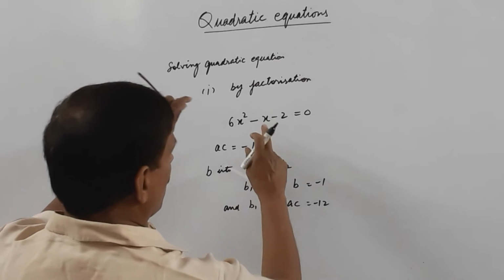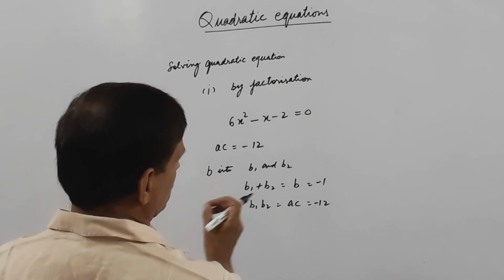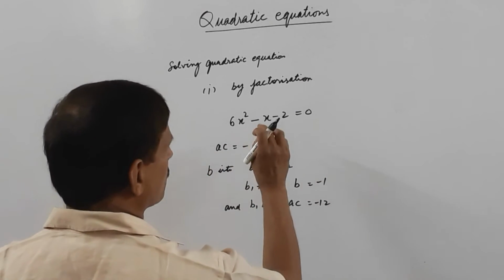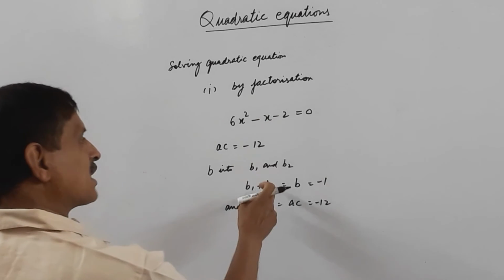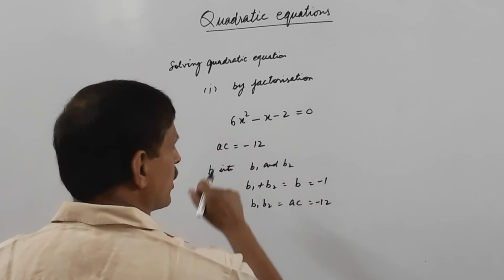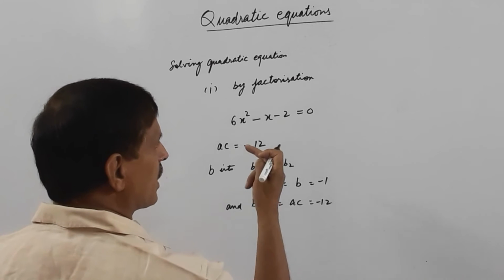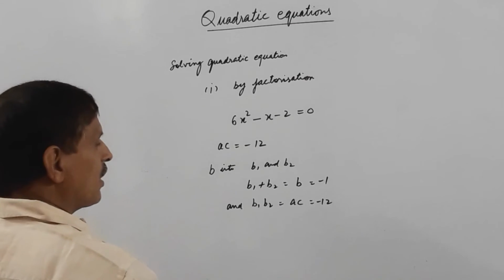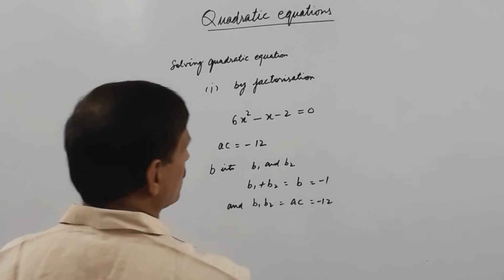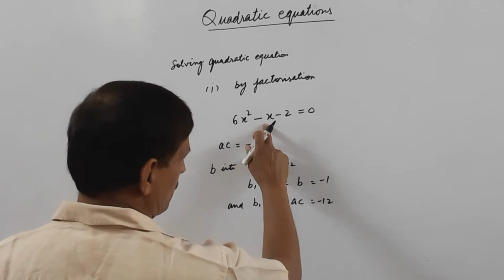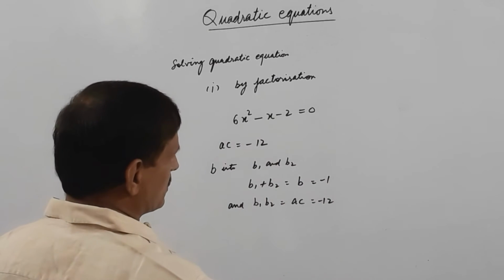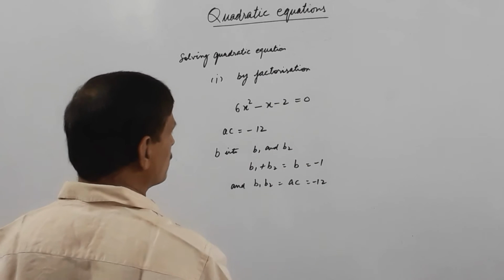Now 4 and 3, the difference, because the sum is negative, it means one term is negative, the other is positive, and negative term is greater than the positive term in absolute value.